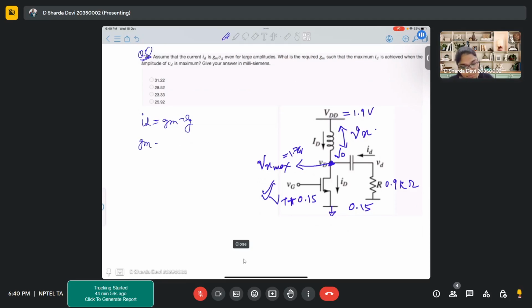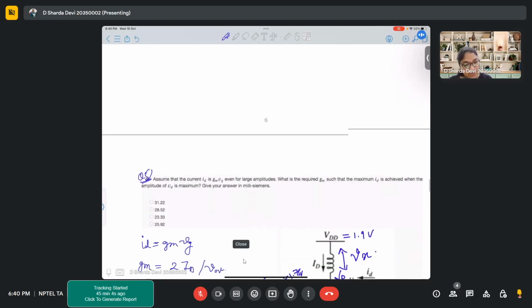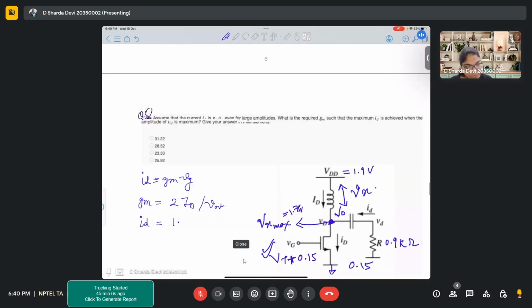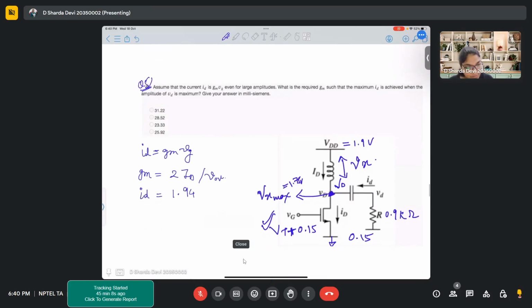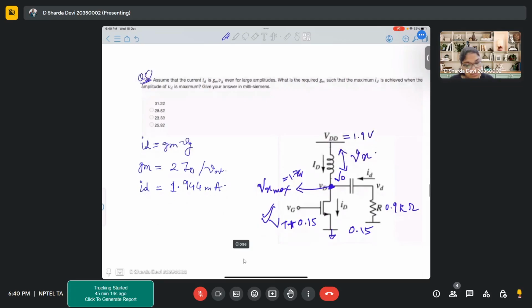So Gm is given by 2 ID upon the overdrive voltage. Small ID maximum, we already found out it was 1.944 milliamperes. And overdrive voltage is 0.15 volts.